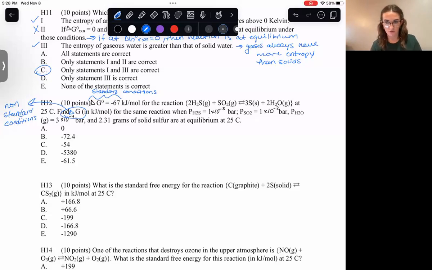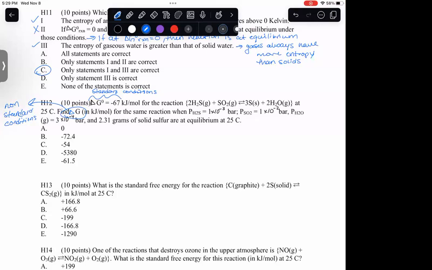What equation do we have to use? Delta G equals delta G standard plus RT ln Q.